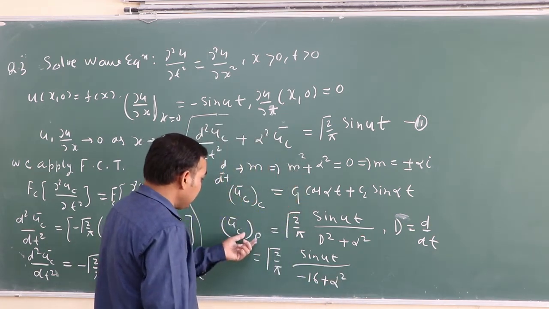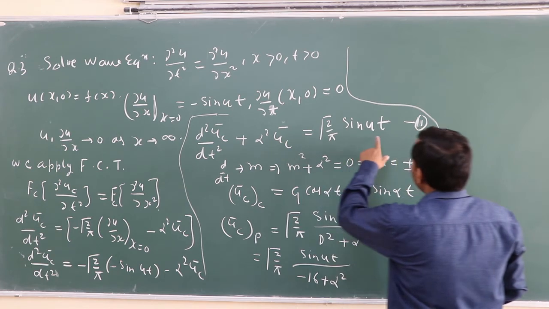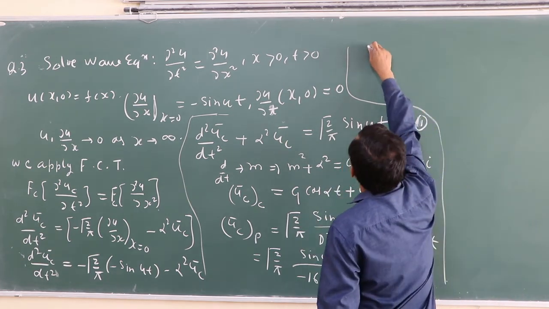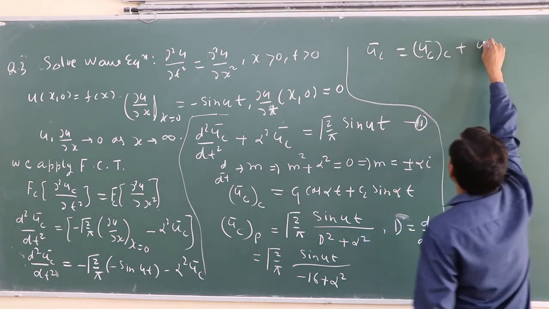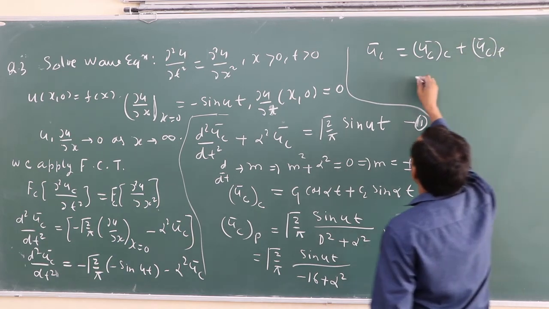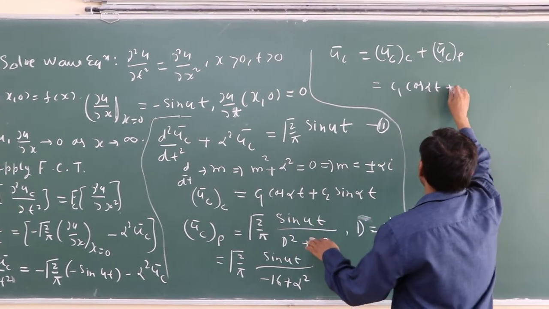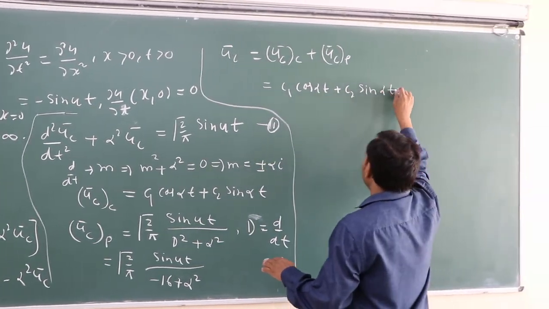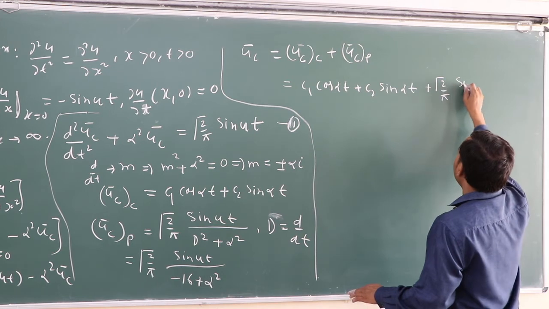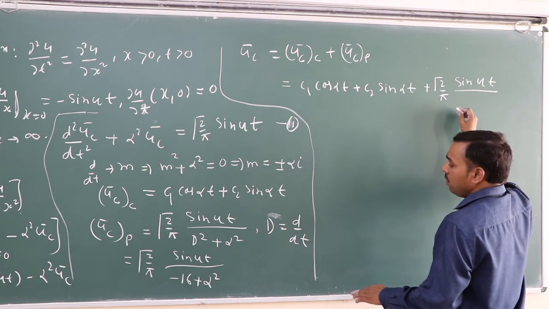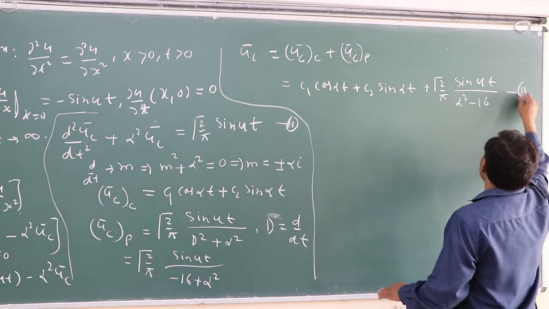Finally, the complete solution of 1 is u_c bar equal to the complementary function plus the particular integral. So we can write c1 cos alpha t plus c2 sin alpha t plus under root 2 upon pi sin 4t upon alpha square minus 16. Say this is 2.